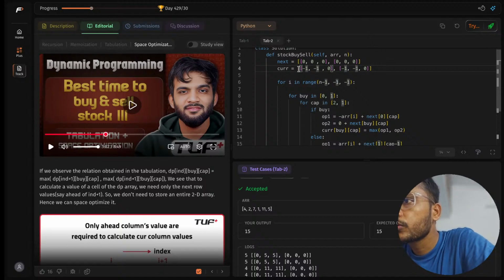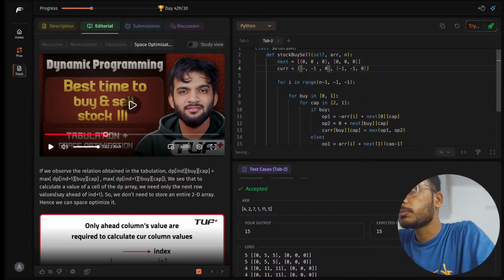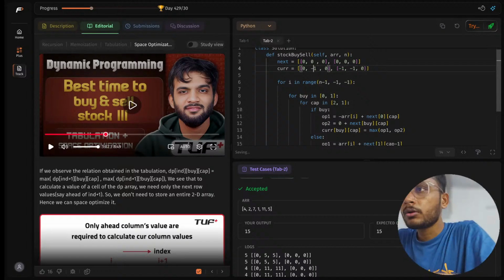For 0, or it could be for 1, buy and capacity. So 0 and 1, 2 and 1. Or it should be like this one should be 0. I made one mistake. Capacity is 0 at the starting, right? If I keep them as -1, then it will be okay.